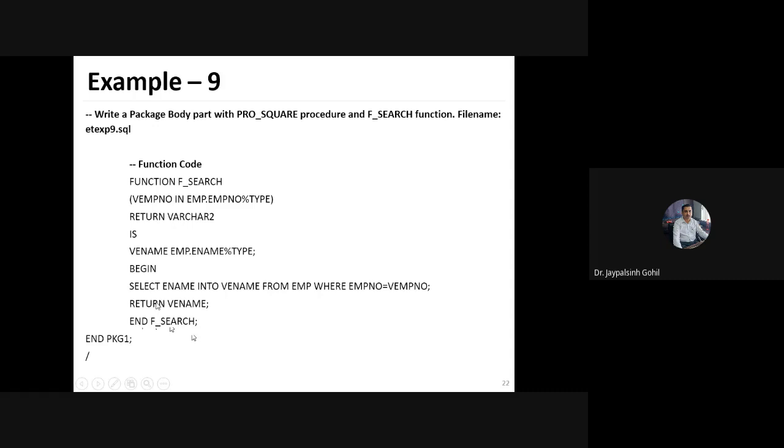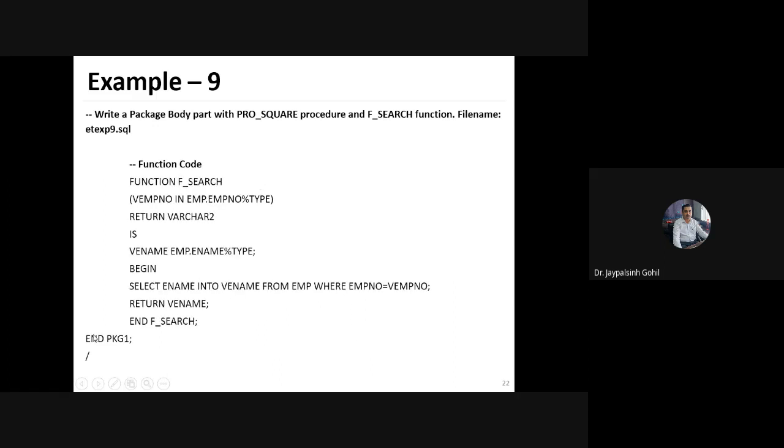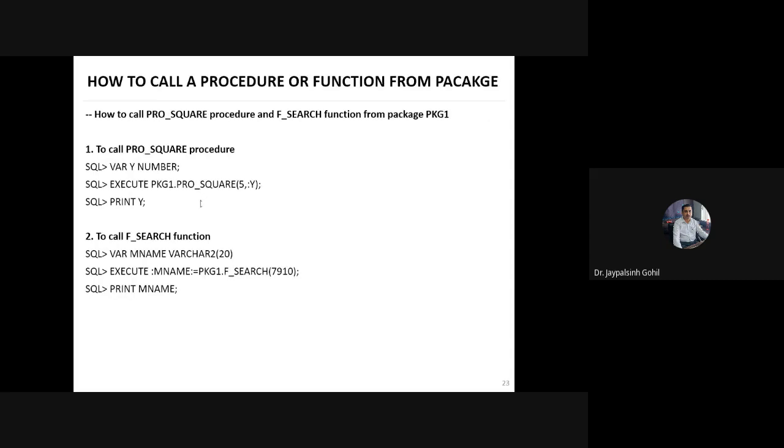And finally, this is the continuous code. See, here I have declared the package body part, create or replace package body pkg1. And finally, you have to end here, end package 1, right? End package 1. Fine.